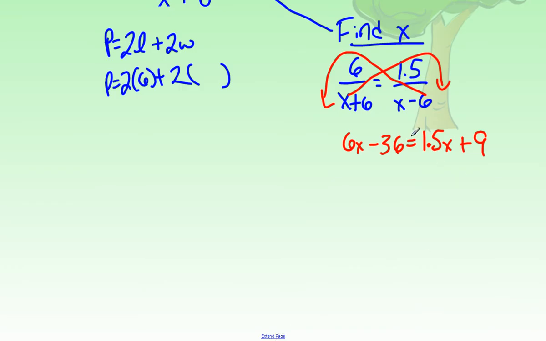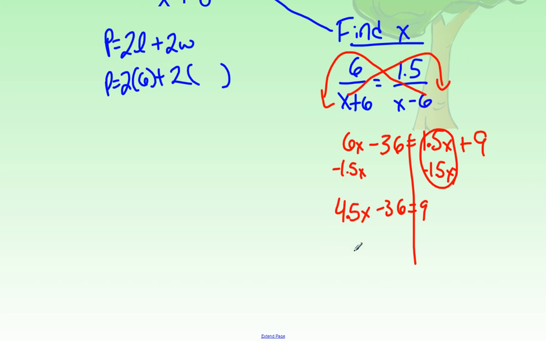And now we solve. Minus 1.5x on both sides. These cancel. Let's see. 6 minus 1.5 is 4.5x.